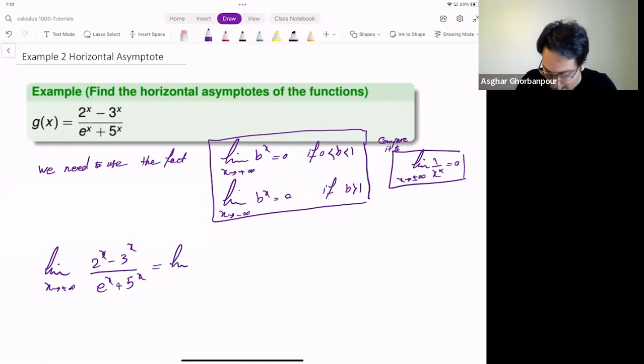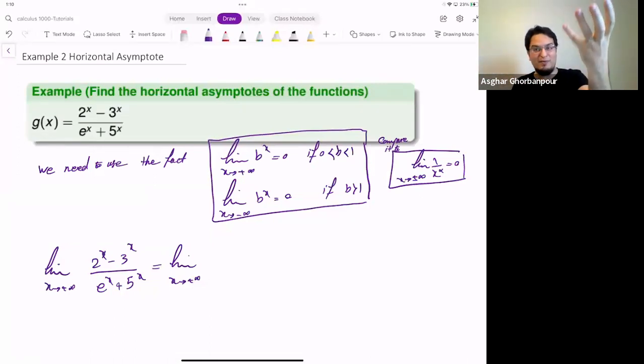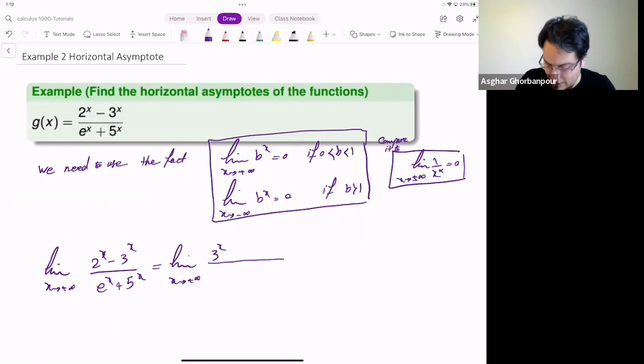Remember in the case of x squared plus 3x, we found the term x squared, the highest power, which goes faster to plus infinity, and we factor out all of those ones. Now here, I will do similar work. So in that case, this will be this. And in the denominator, the highest base is 5 to the power x.